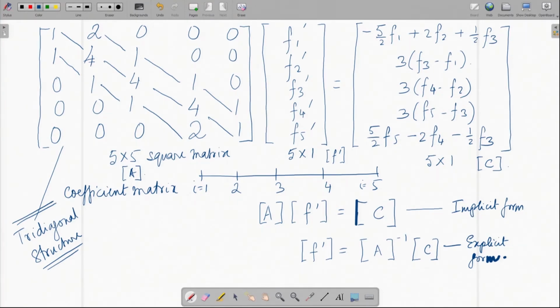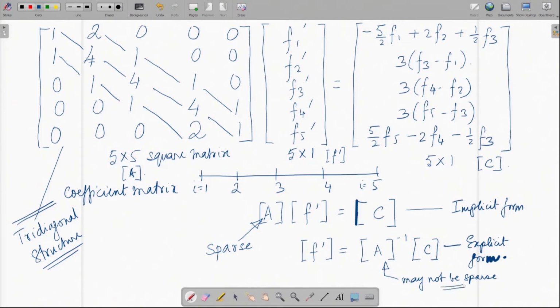We have to remember that though the matrix A has a rather sparse nature, that means only a few of the elements are non-zero, the inverse of that matrix may not be sparse.